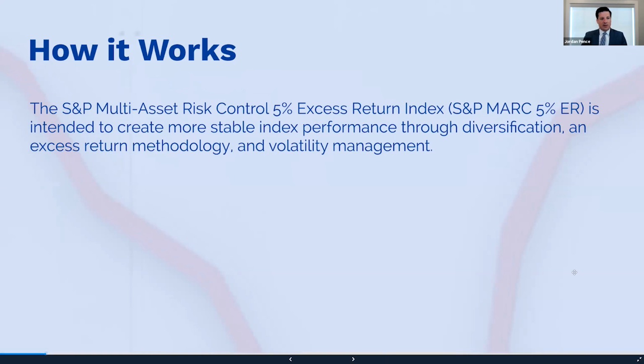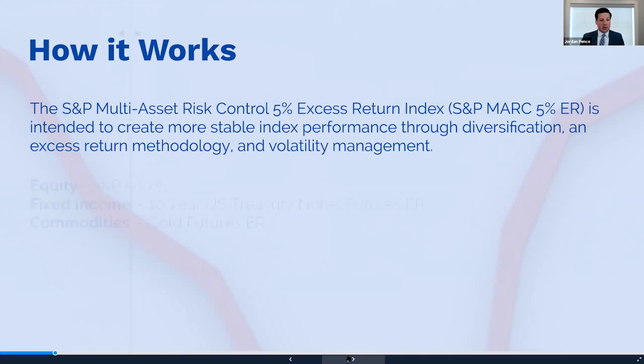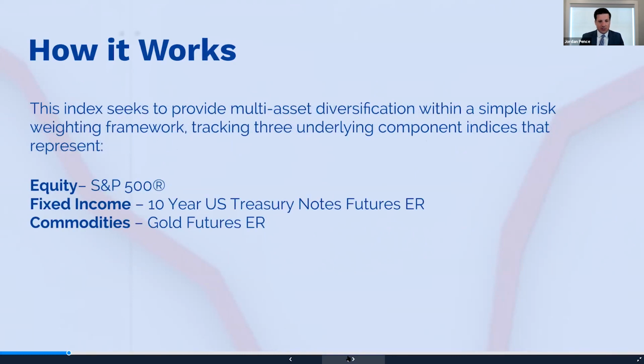So what it was, or how it works, why it was created, is really it's designed to create a more stable index through diversification and managing volatility. And the Mark V in particular utilizes an algorithm between equities, which is the S&P 500, this was derived from the S&P 500.